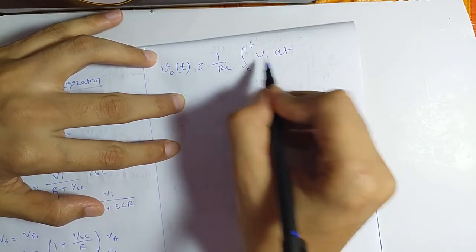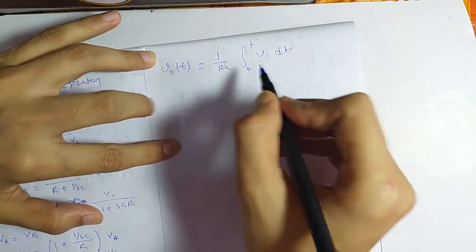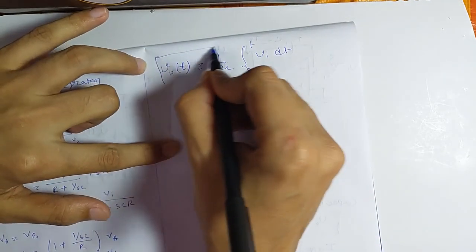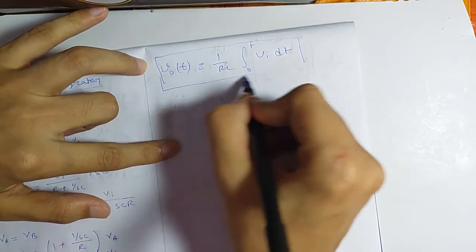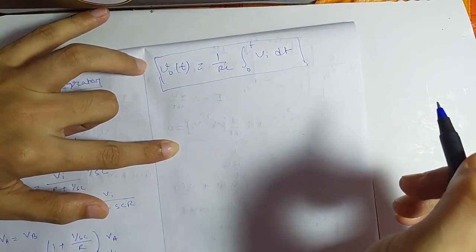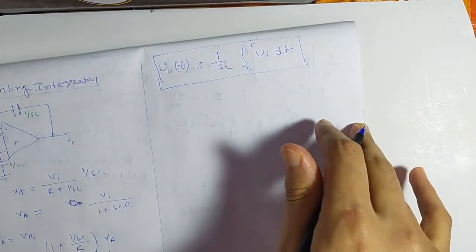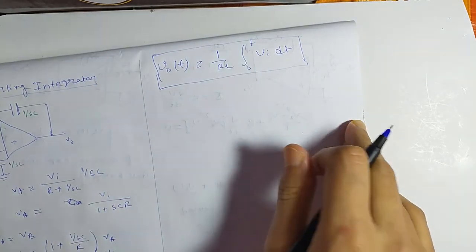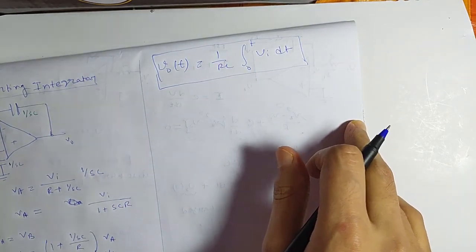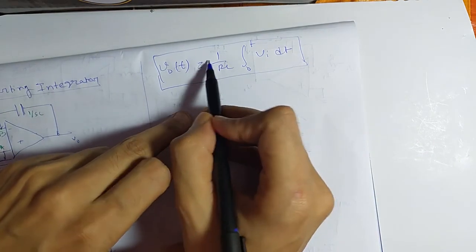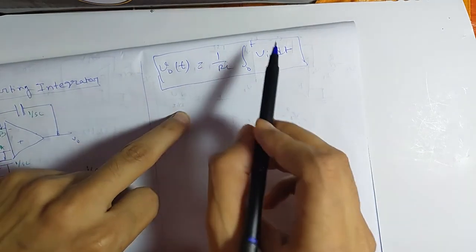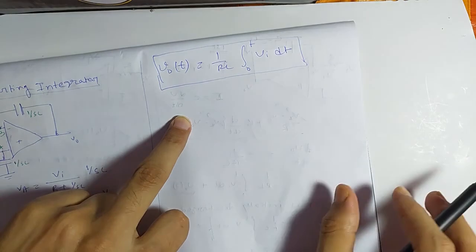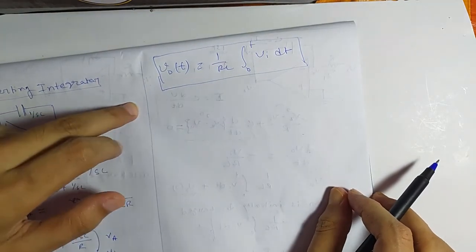So this VI is the time domain potential, and the same assumption is valid here, that is, the capacitor is initially discharged. So here you can see the integration slope is 1 by RC, and there is no negative sign here. So that's why it is known as the non-inverting integrator.